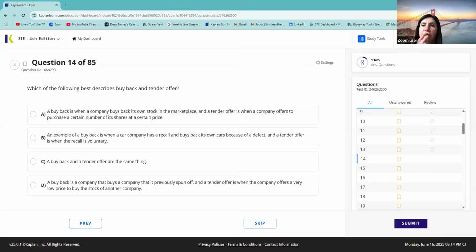So tender offer. I'm thinking it's a D. A buyback is a company that buys a company that is previously. Oh, I like this. This question is about corporate actions.